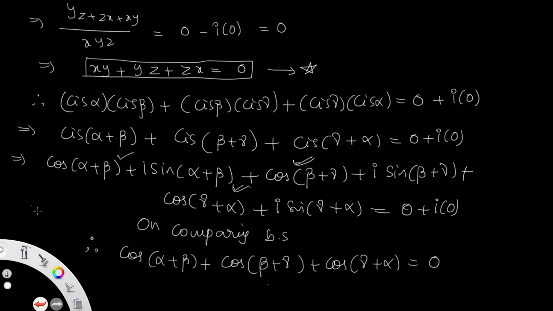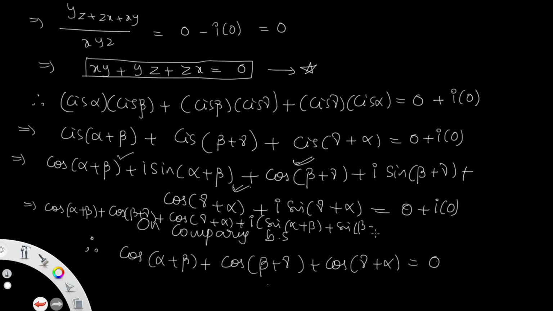Writing one step more: cos of alpha plus beta plus cos of beta plus gamma plus cos of gamma plus alpha plus i into sin of alpha plus beta plus sin of beta plus gamma plus sin of gamma plus alpha, equal to 0 plus i into 0.